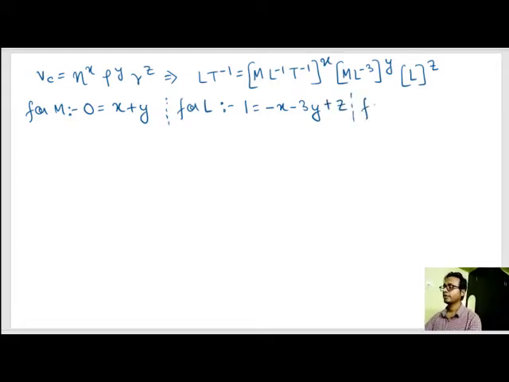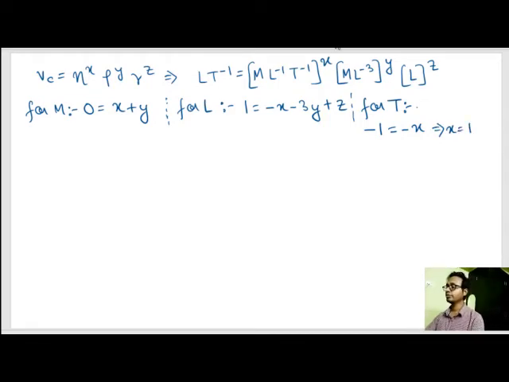And for time T, minus 1 is equal to minus x, and there is no other term, so x equals 1 from this equation.